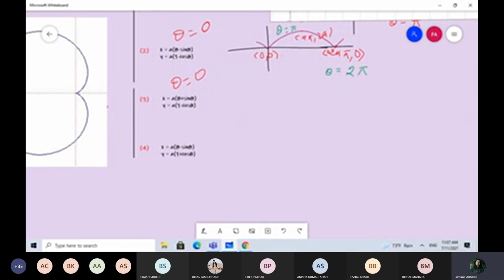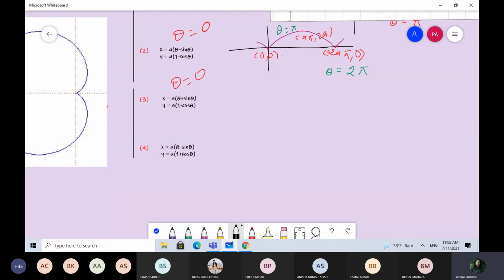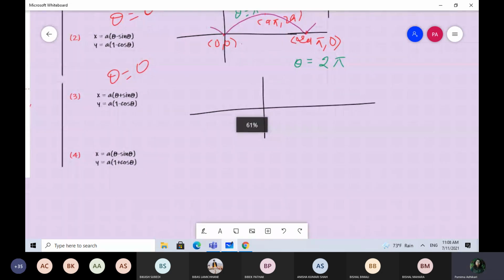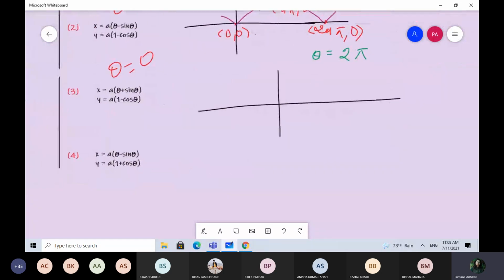Yes, third one. Okay. Third one: x equals a(theta plus sine theta), y equals a(1 minus cos theta). So first there is a sine plus, then a minus. Does this pass through the origin or not? Just decide that and you will get to know what type of cycloid you have. Is it passing through the origin? Yes, ma'am.